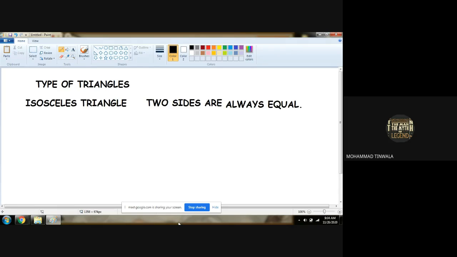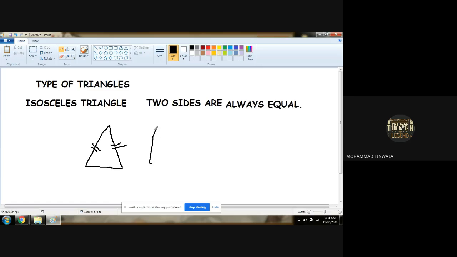What was there in an equilateral triangle? That all three sides were equal. In an isosceles triangle, any two sides will be equal. Any two sides. Okay? So if these two sides are equal, then the third one will be different.